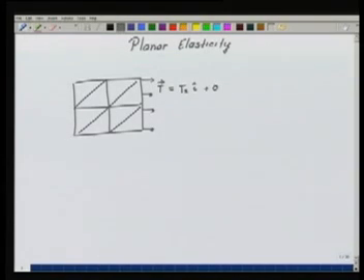I could have displacement here fixed to 0, that is u here is equal to 0. And let's say in a very simplistic situation I am using linear elements to solve this problem, that is piecewise linear approximation is used to solve this problem.